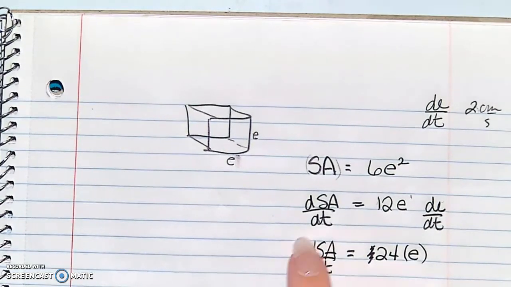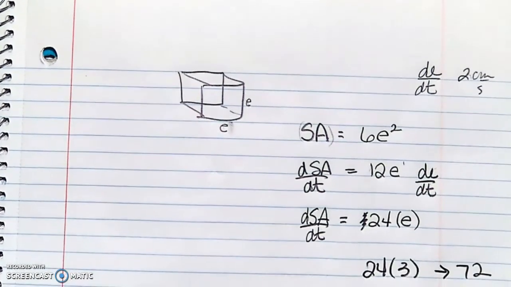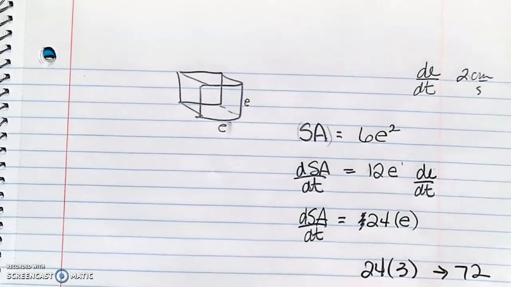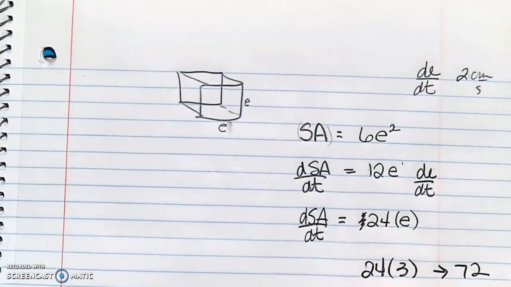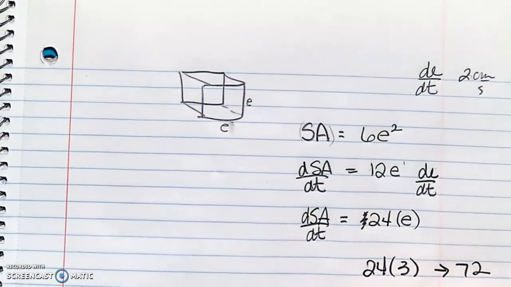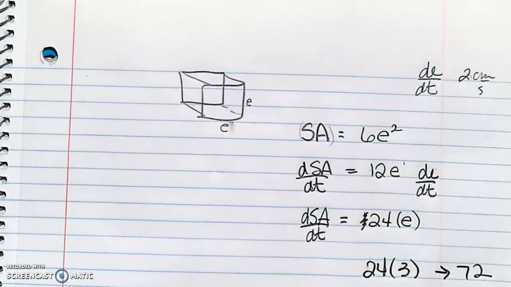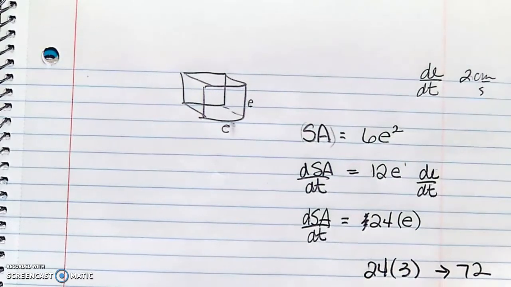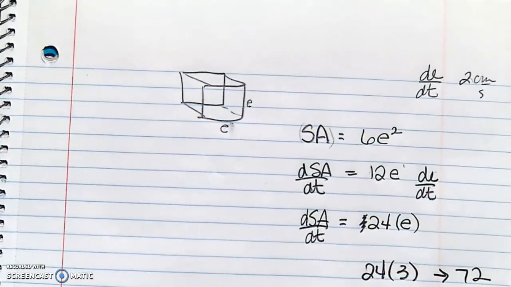So that means the surface area is changing at 72 square centimeters per second. And then if I substitute in a 15, 24 times 15 is going to be 240, and then another big number. Whatever that is, that's going to give you that value. So that is the easier one. I'm going to come back with a harder one.